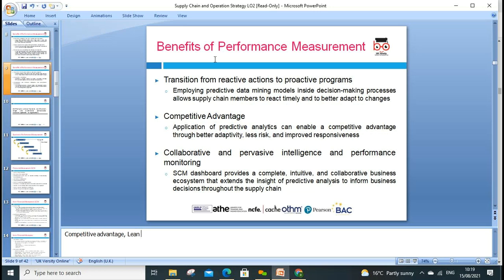We need to look at collaborative, pervasive intelligence and performance monitoring. We need to make sure of a supply chain dashboard on the computer, which gives you all the indicators, like if you manage through Sage software. Have you used Sage?